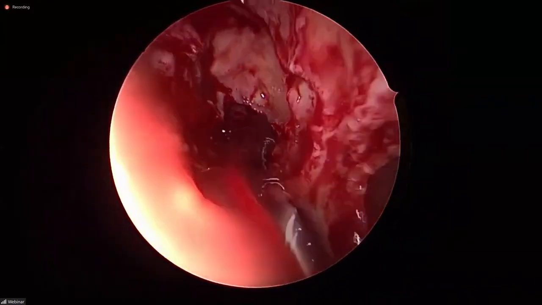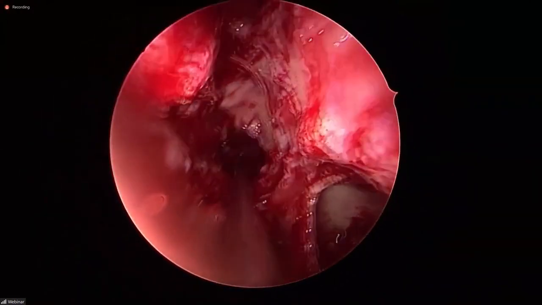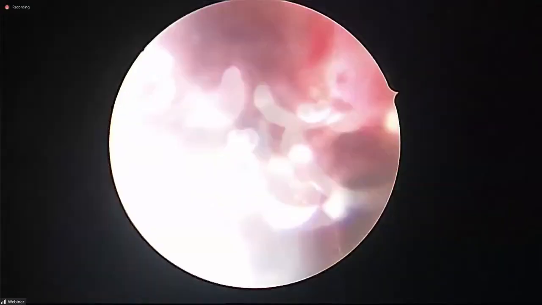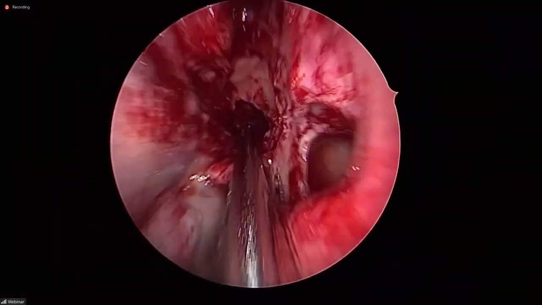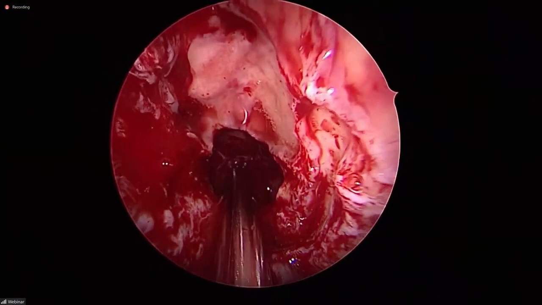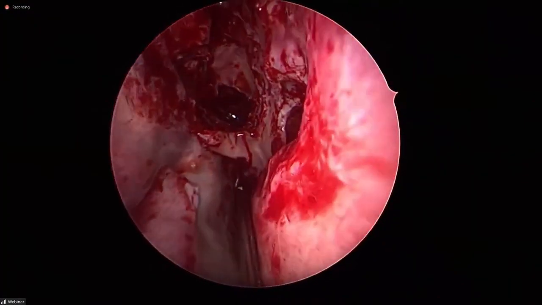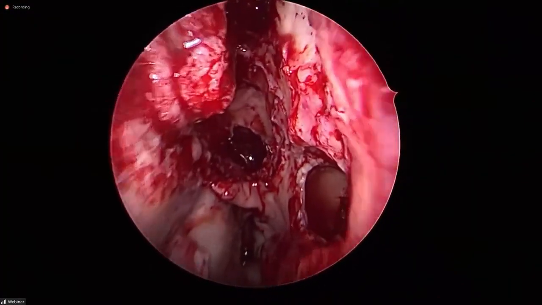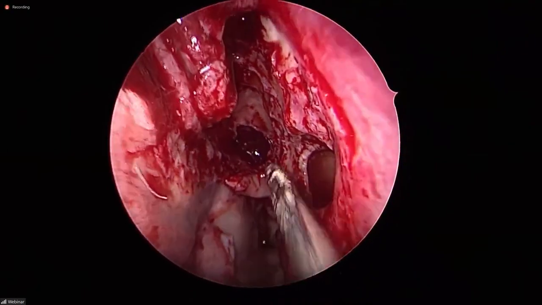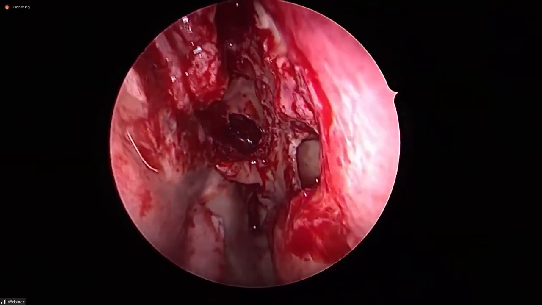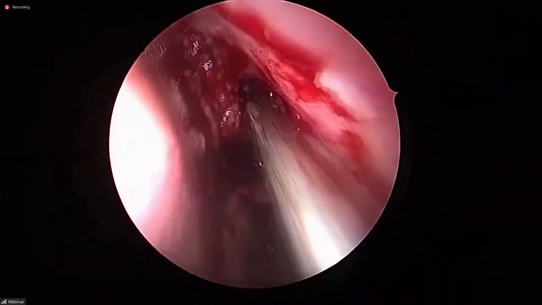Okay? That was the party wall between this and the Onodi cell. So this is all about the sinus surgery in this particular patient. This is a classical example of CCAD. See this?